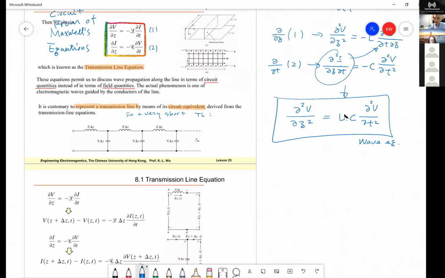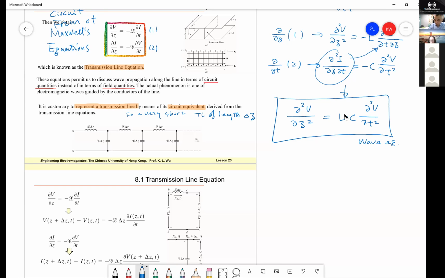We represent it by a very short transmission line of length delta Z.